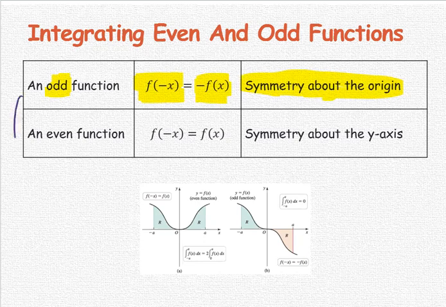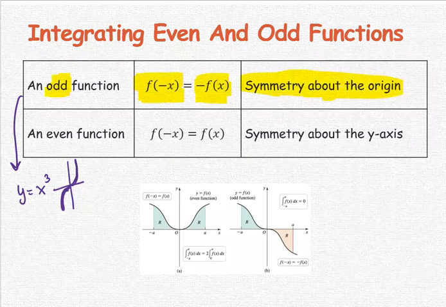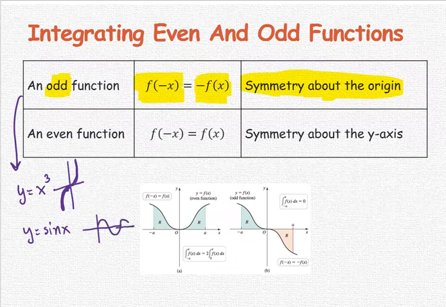For example, y equals x to the third power, which is the cubic graph. As you see the symmetry, you have the portion in the first quadrant. When you reflect it, it will go over to the third quadrant. And also y equals sine x is another example of an odd function.